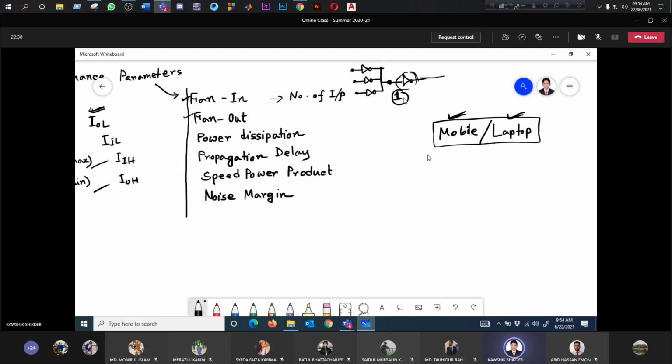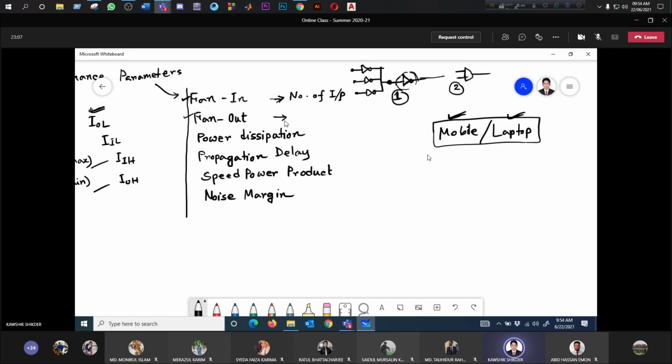That means its normal capability to take the input. For example, a 2 input AND gate. So what should be the fan in? The fan in should be 2, the normal input. Is it clear, fan in?